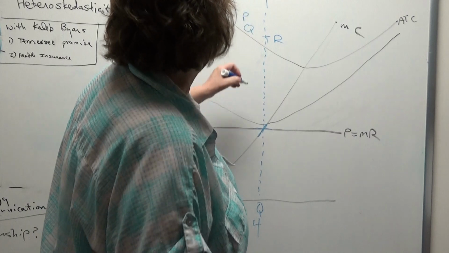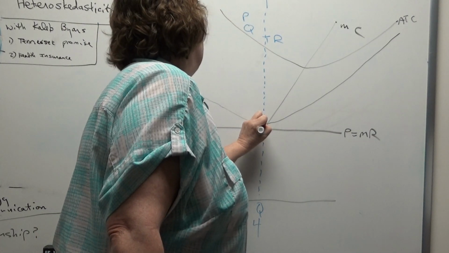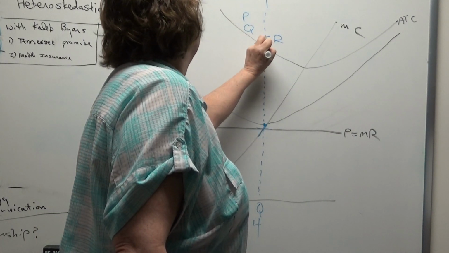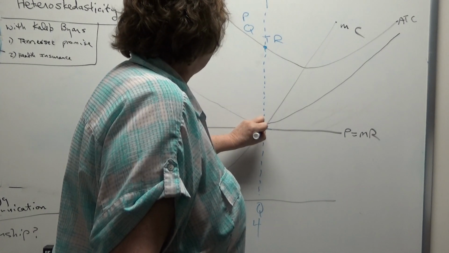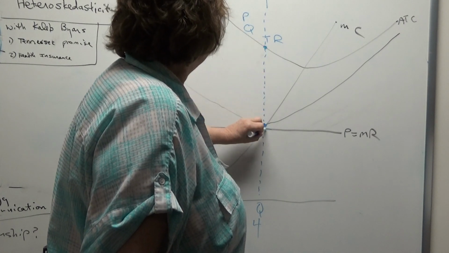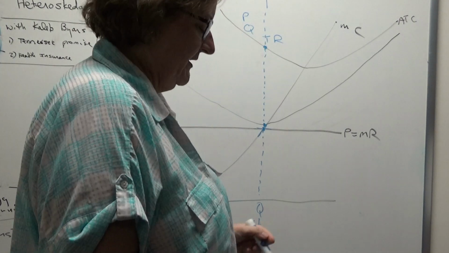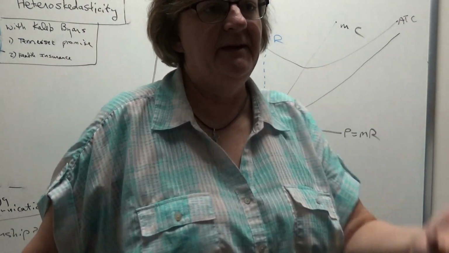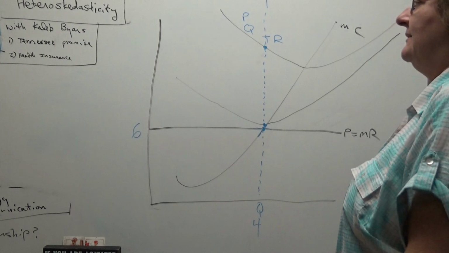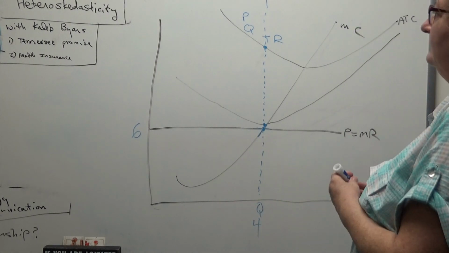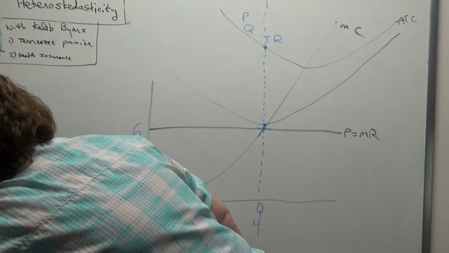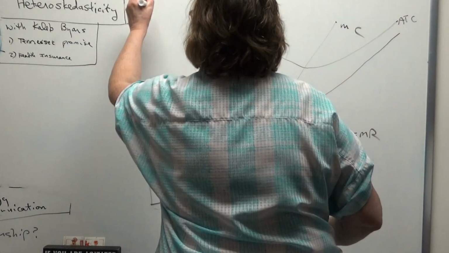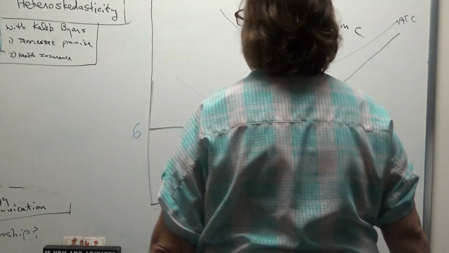And where the quantity crosses these things should be the right-hand side of all of our rectangles, because quantity is always the thing we multiply by.